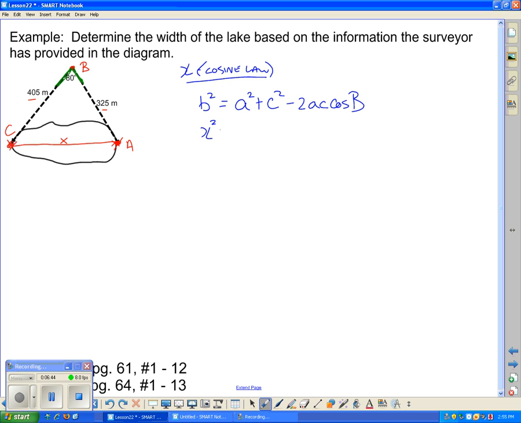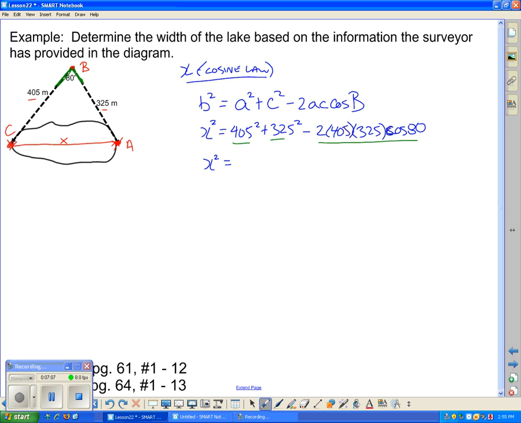Now we just substitute our information. So x squared equals 405 squared plus 325 squared minus 2 times 405 times 325 times cos of 80 degrees. So x squared equals, we can do this in stages. Remember, each of these is an individual calculation.